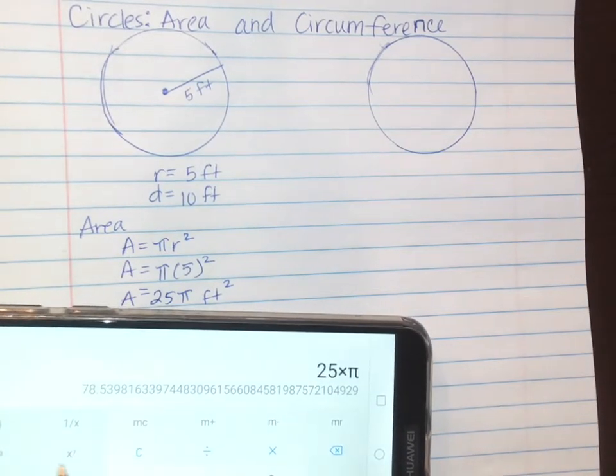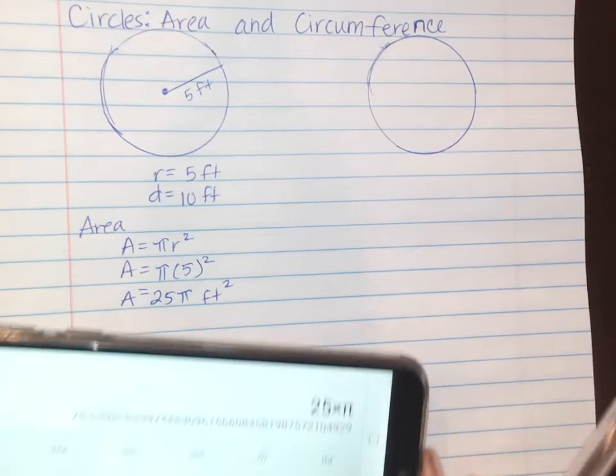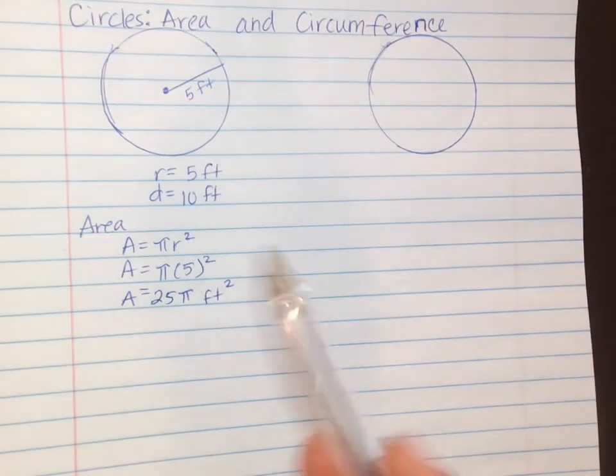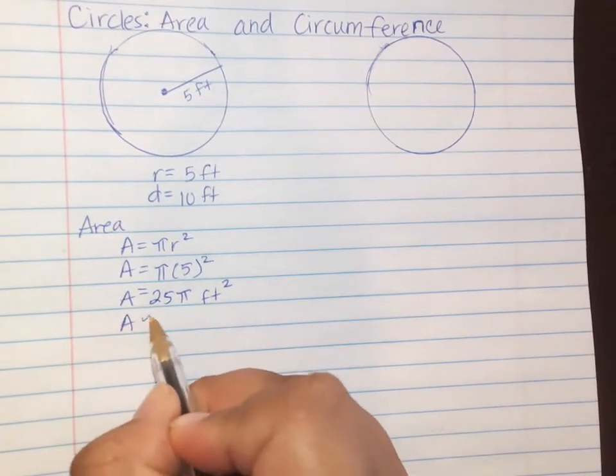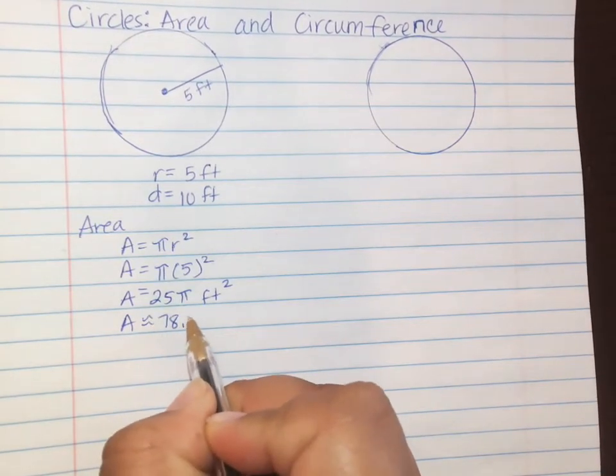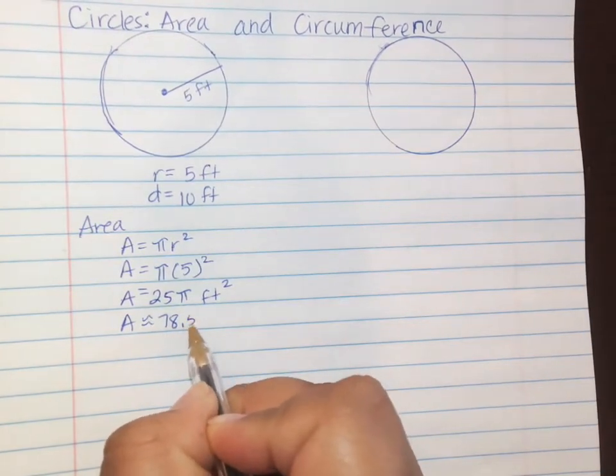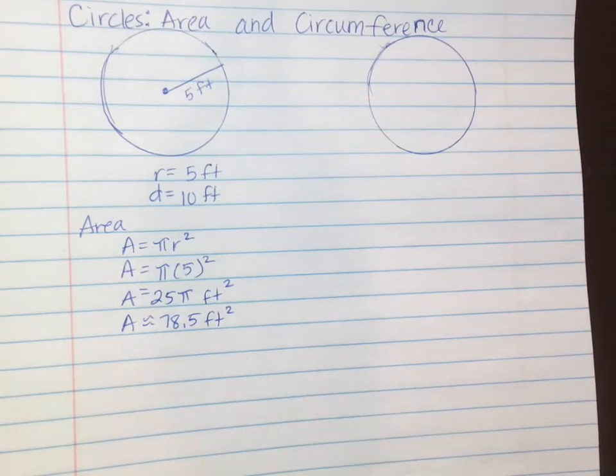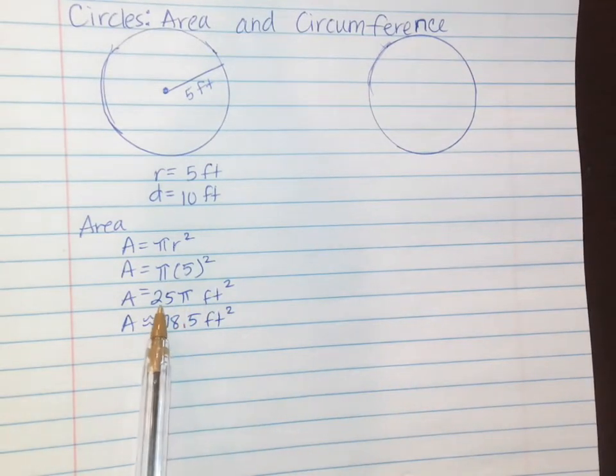And we'll just use 1 decimal point: 78.5. So area is about 78.5 feet squared. I think IXL asked for like 25 pi, but if you need to multiply it out, you could do it that way.